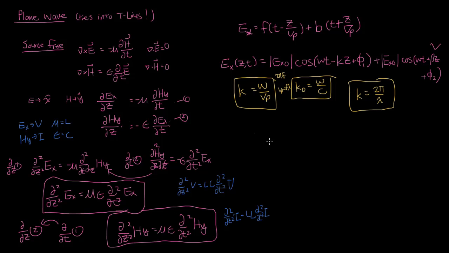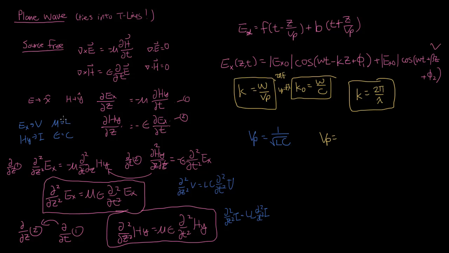Now, before we leave the topic of k, recall that when we were looking at the transmission line equations, and we started out with our expression for forward and backward propagating wave, we plugged it in, compared the terms, we ended up finding that the propagation velocity is equal to 1 over the square root of LC. And so if we go through a similar exercise, you will also find that our propagation velocity is going to be equal to what?